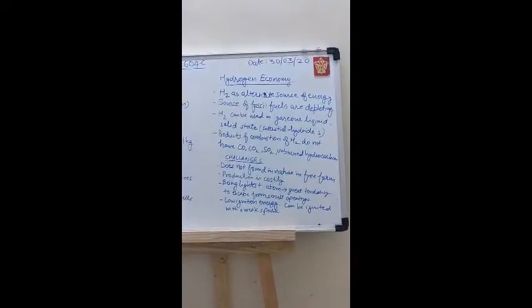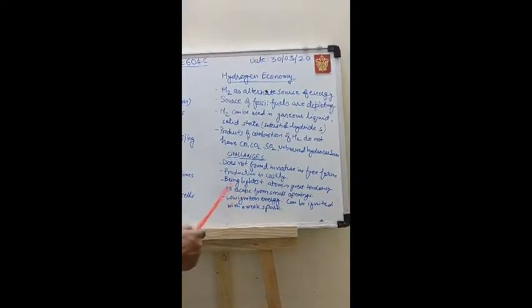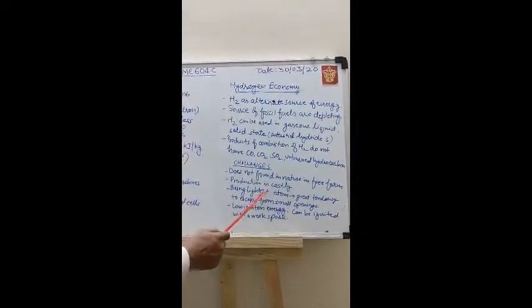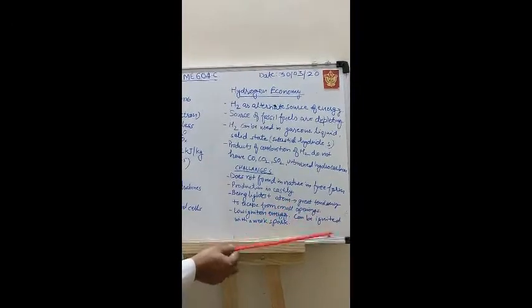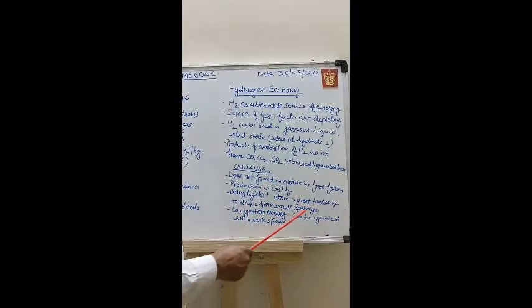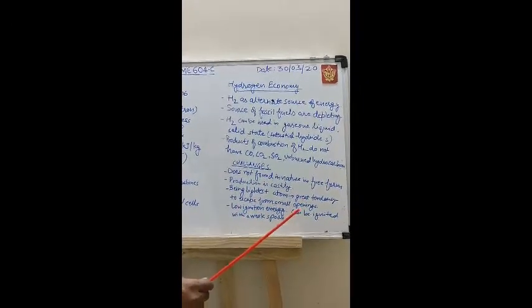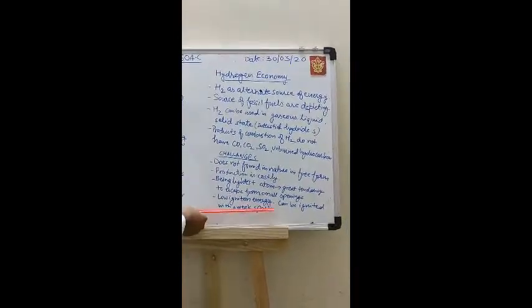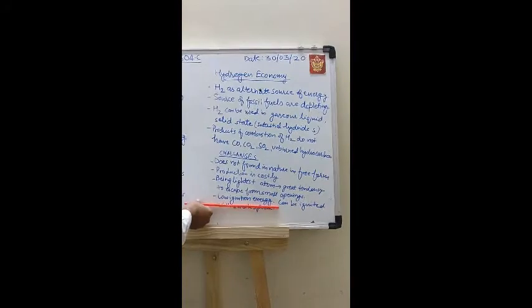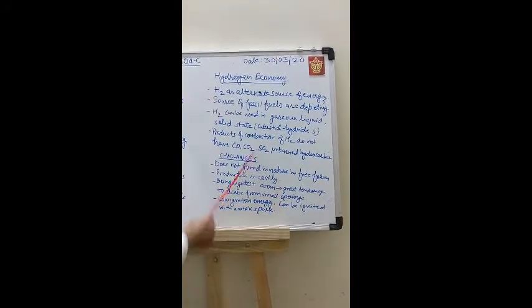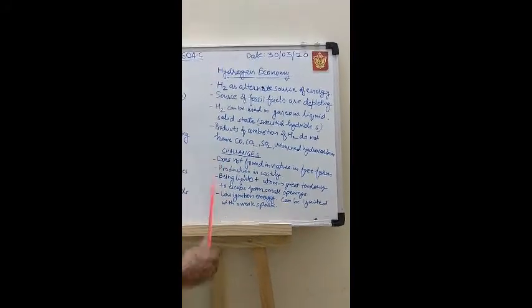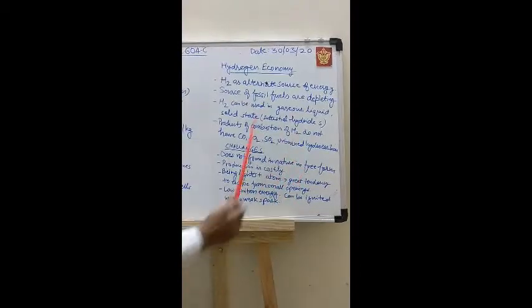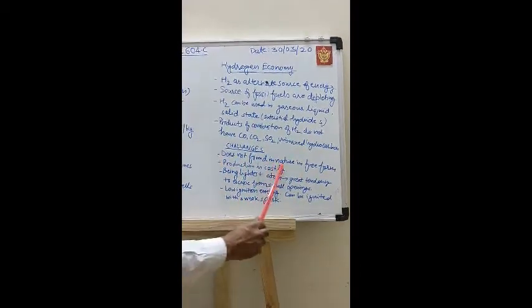Okay. So hydrogen has the lightest atom, and that's why it has a great tendency to escape from small openings. The chances of leakage of hydrogen are higher, and it has low ignition energy. That means to ignite hydrogen, it requires a very small amount of energy. So because of these reasons, since it is not found in nature in free form, production of hydrogen is very costly.